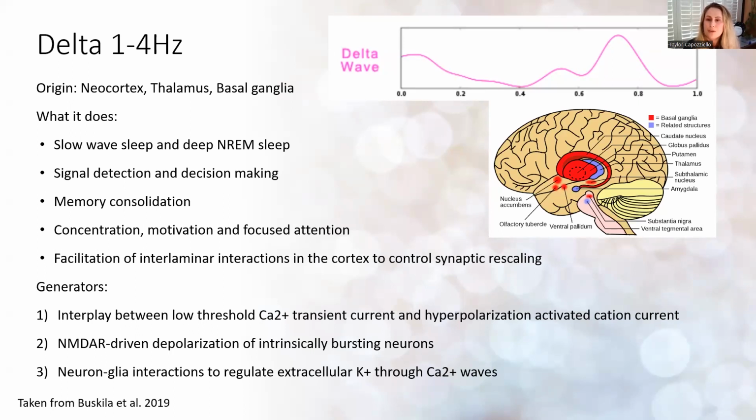One of the important things to note about delta is that it's a cortical rhythm generated by sheet dipoles. Subcortical structures may turn off or turn down the input and allow delta to emerge, but it is cortical, just like we're going to talk about later, beta and gamma. So delta is actually cortical. It appears to originate in layer 5 of the cortex and correlate with reduced pyramidal cell activity.